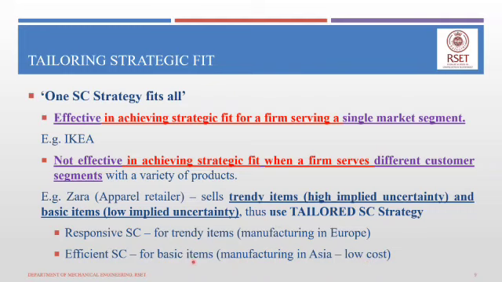So the supply chain for trendy items is made responsive by manufacturing them in Europe, and efficient for basic items by manufacturing them in Asia. You cannot have a single supply chain strategy for all the different products sold by a company if it serves more than one customer segment. That is why we require tailoring strategic fit.